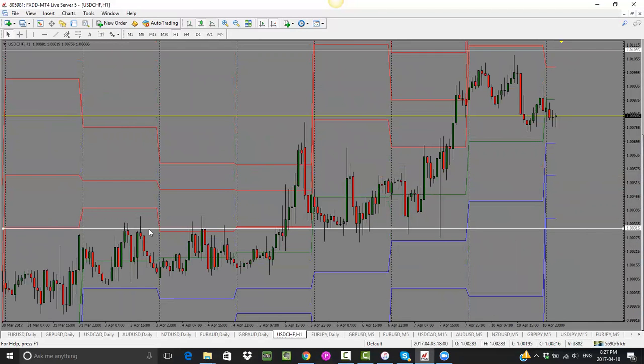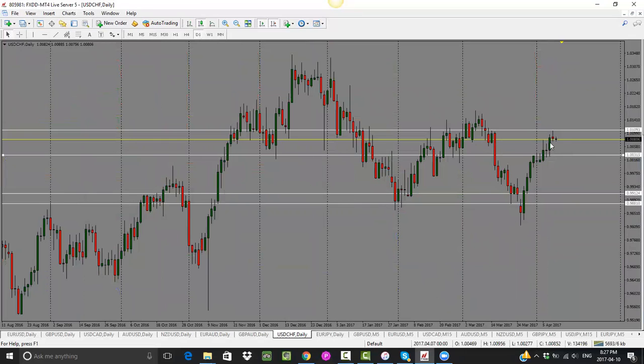So the bottom here, this is an important support and resistance level right here, 1.00 level. So this is 1.010, and we are kind of looking for a move back into this level here. So the move here looks bearish, so we could see a move to the downside here. Daily candle is bearish.